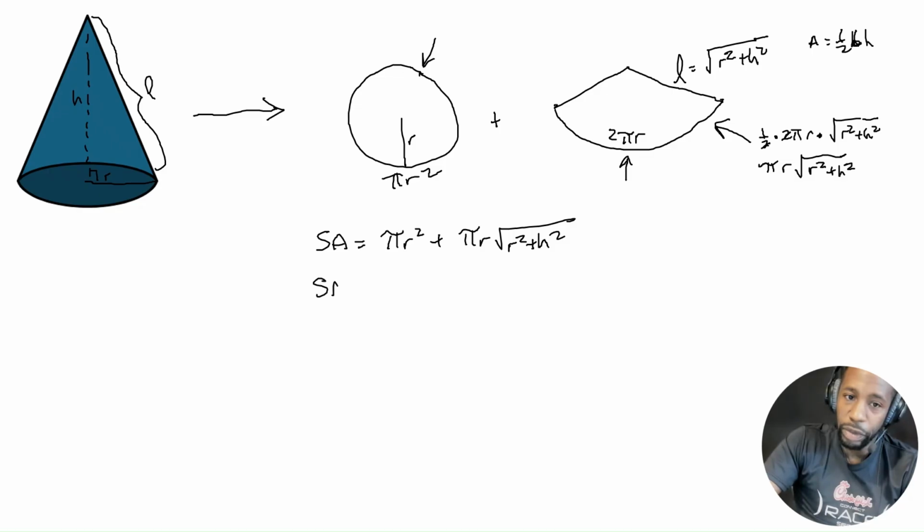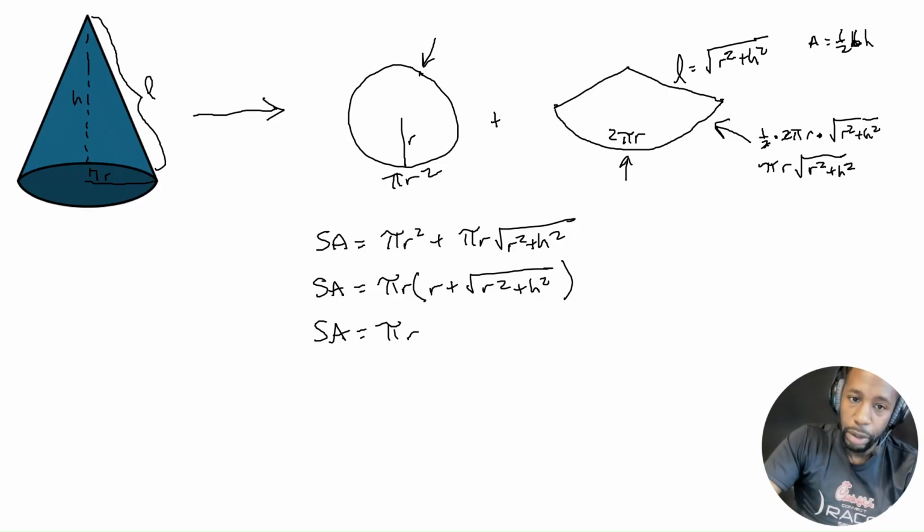Or if you want to simplify that, it's pi r times r plus the square root of r squared plus h squared. Or if you knew the length of the cone, you could just say pi r times r plus L.